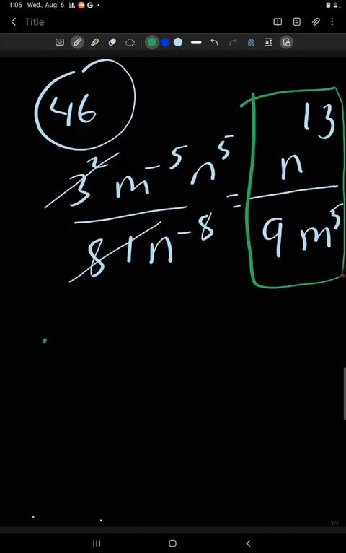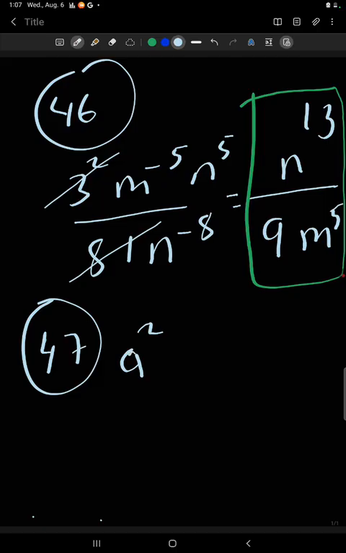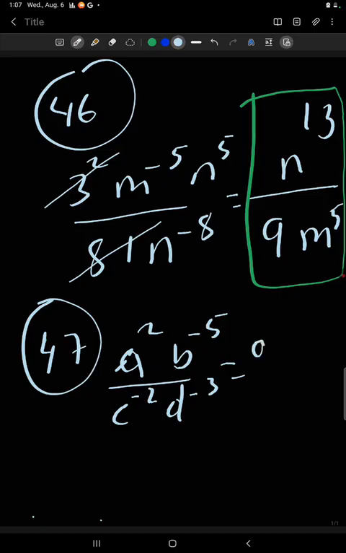47. Problem 47 is given as a squared, b to the power negative 5, c to the power negative 2 and d to the power negative 3. A, B, C, D. So, we just take the reciprocal where appropriate and leave everything else alone as is.